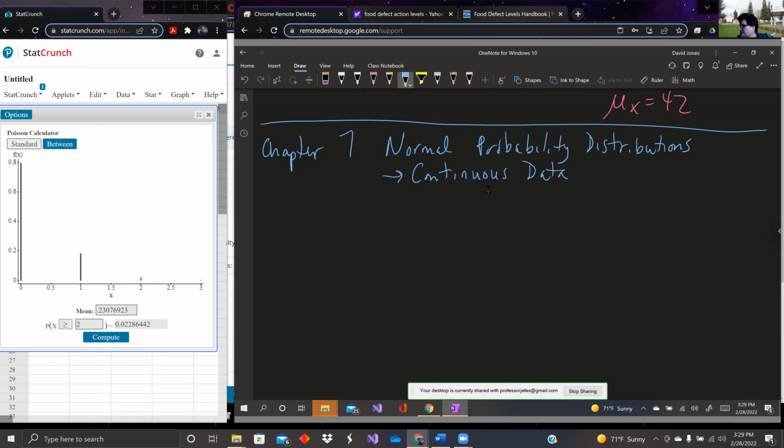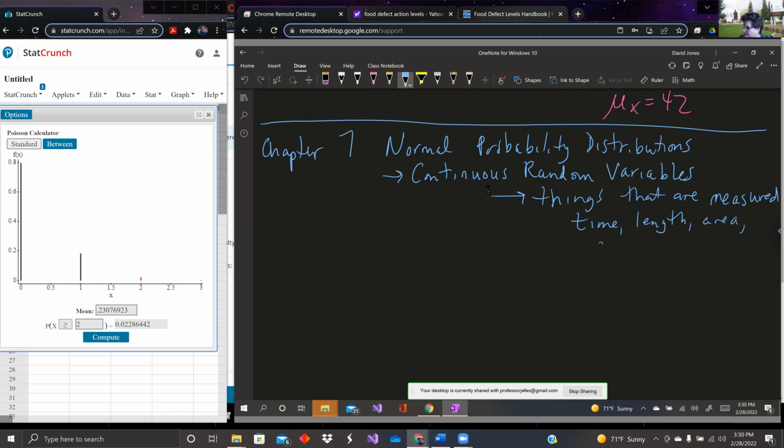These are continuous, well, I don't want to say data. Let's say continuous random variables. That matches the wording on chapter 6. So here we're looking at things that are measured. Time is a great one on that list, but length is also. Time, length, area, volume. Anything related to those? Oh, weight.